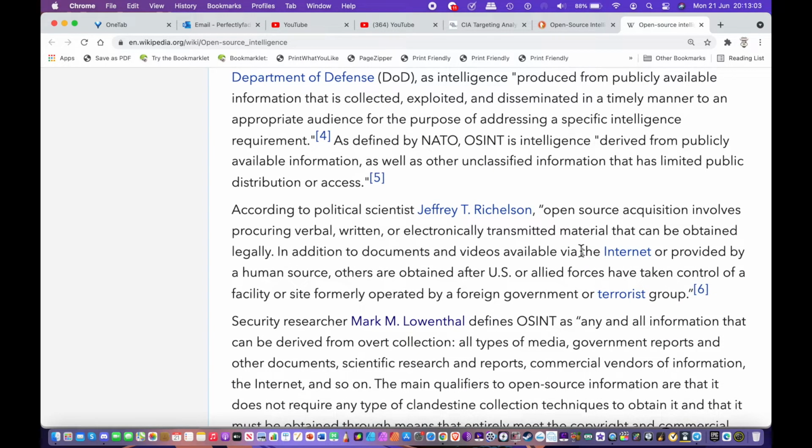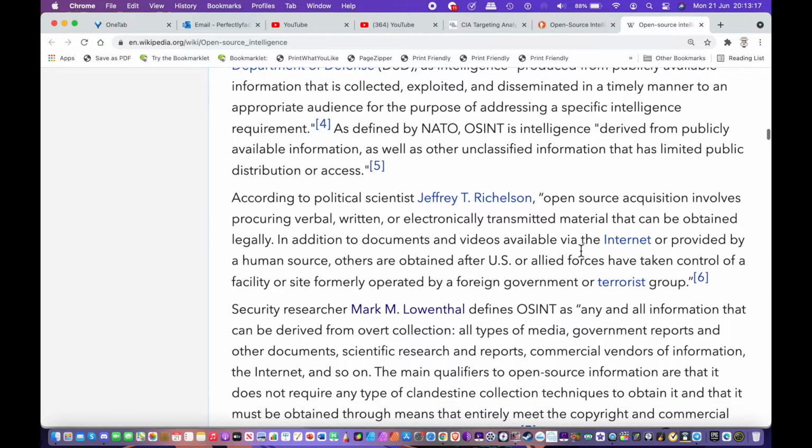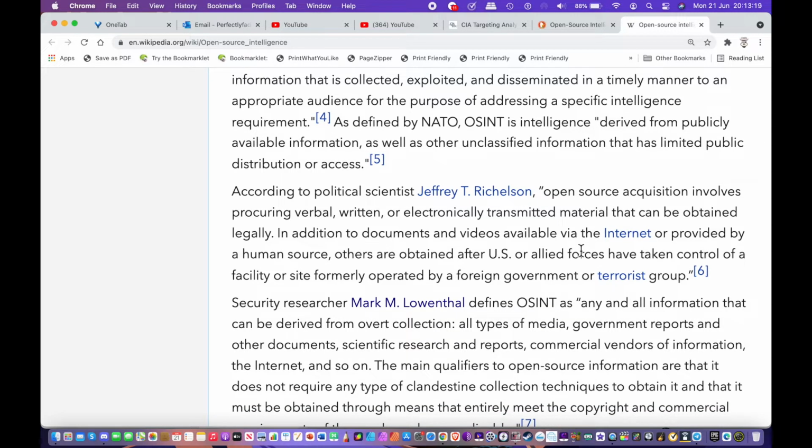According to political scientist Jeffrey T. Richardson, open source acquisition involves procuring verbal, written, or electronically transmitted material that can be obtained legally.